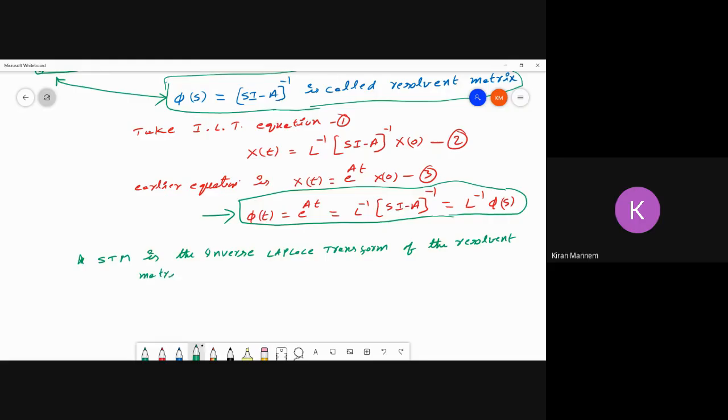Right? So this is a very important conclusion.